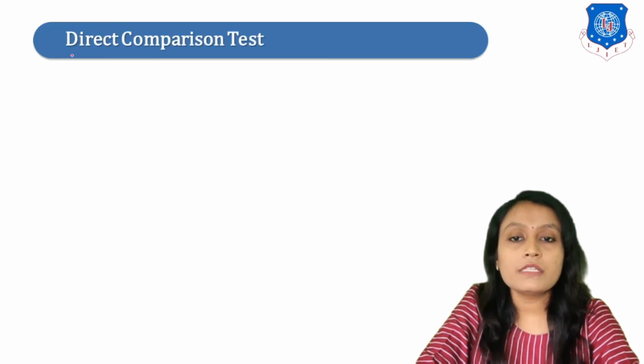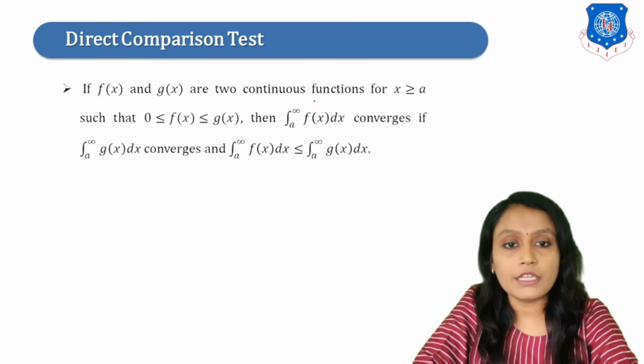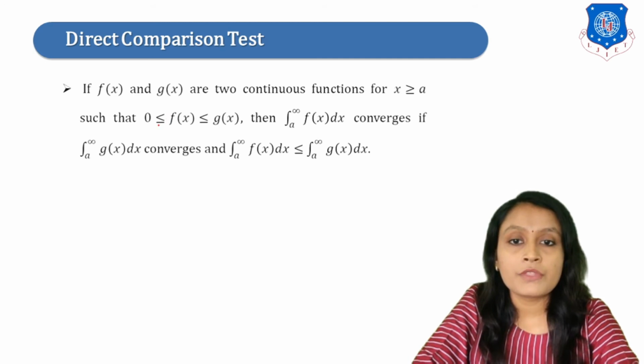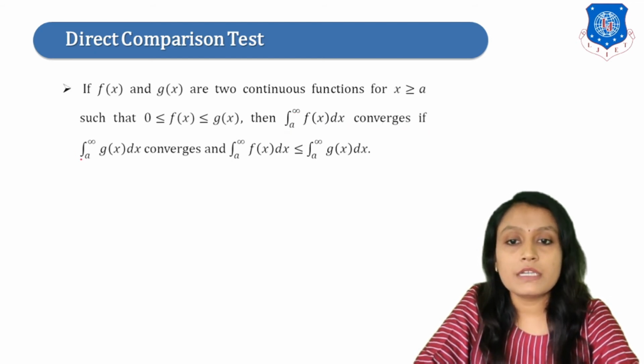Okay, now we will study a new topic, that is the direct comparison test. So if f(x) and g(x) are two continuous functions for x greater or equal to a, such that 0 is less or equal to f(x) is less or equal to g(x), then this integration a to infinite f of x dx converges if this integration a to infinite g of x dx converges, and integration a to infinite f of x dx is less or equal to integration a to infinite g of x dx.